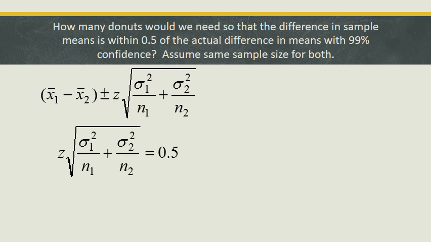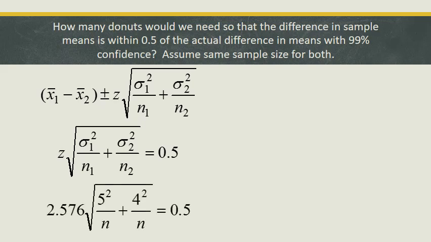The question says that we want 99% confidence, so we need the middle 99% of the z distribution. We know this happens when z is equal to plus or minus 2.576. So that is our z value.